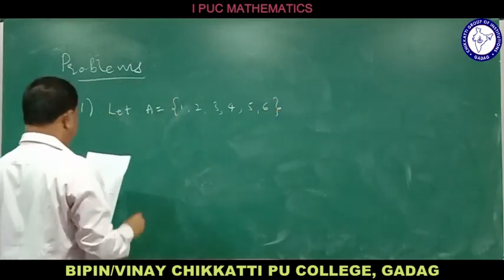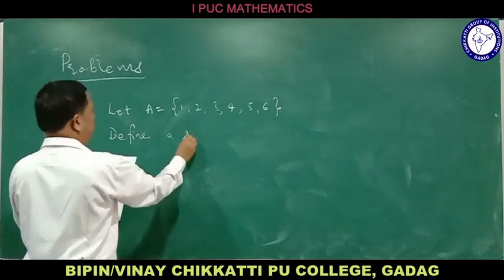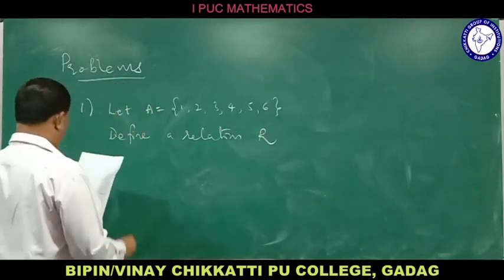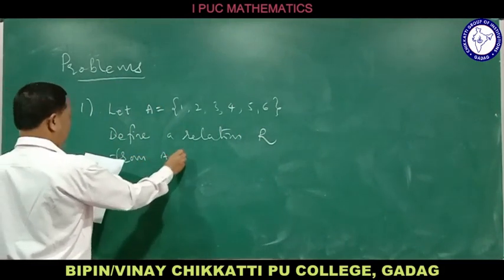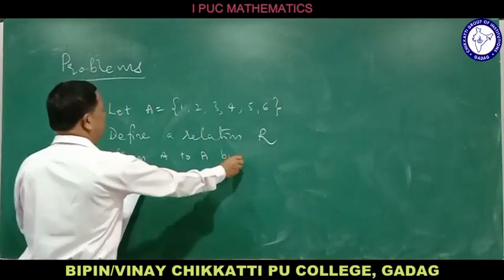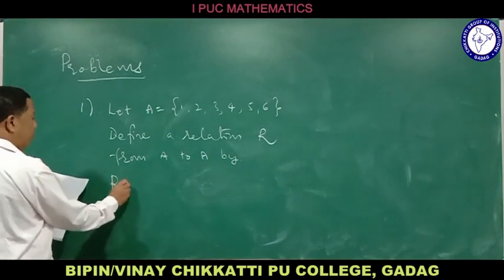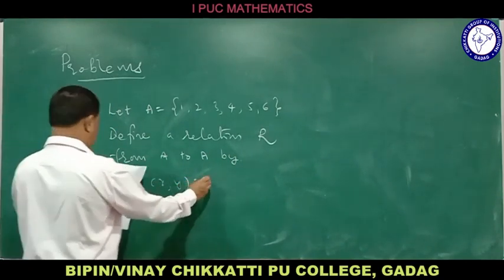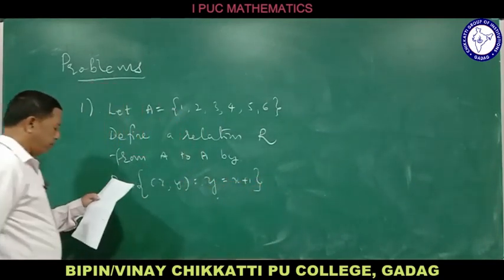Define a relation R from A to A, but it is on A, which I have already told you, by R equal to the relation (x, y) such that y is equal to x plus 1. Of course, it is in set builder form.